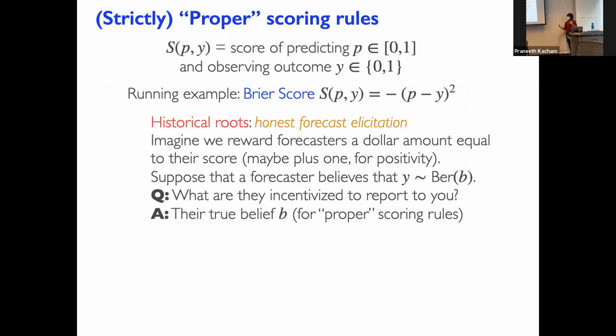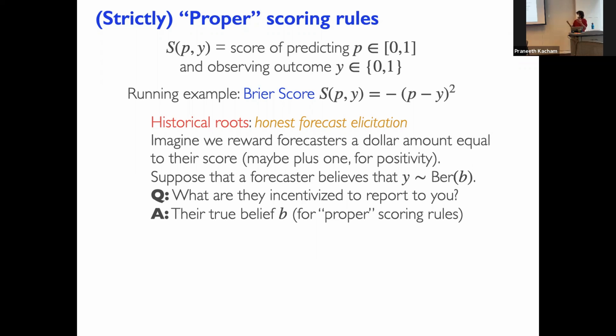And it has some historical roots in honest forecast elicitation. Okay, so here's the setting to imagine, what motivated the development of scoring rules. Imagine that we reward forecasters based on how well they did. For example, we might reward them a dollar amount equal to their score, or, since the score is negative, that score plus 1, just so that you're rewarding them an actual positive amount.